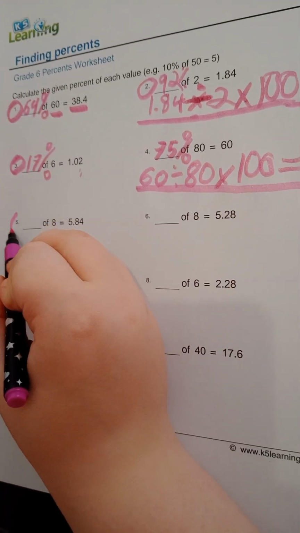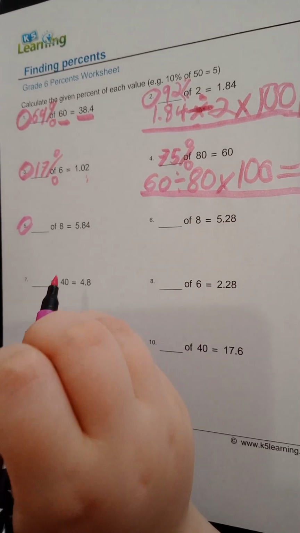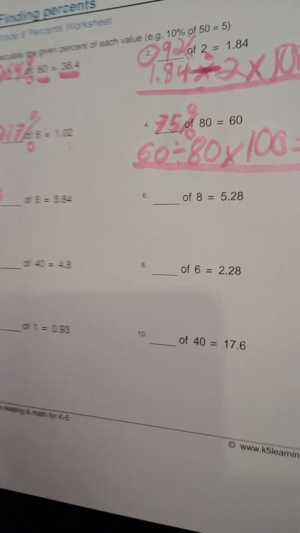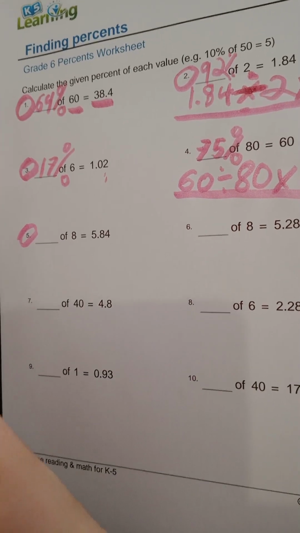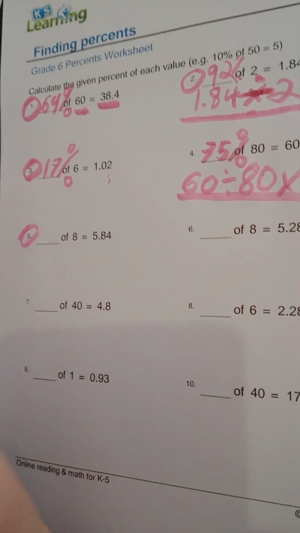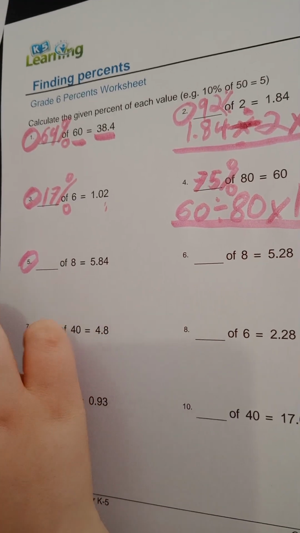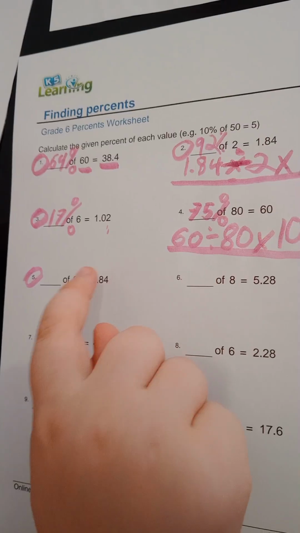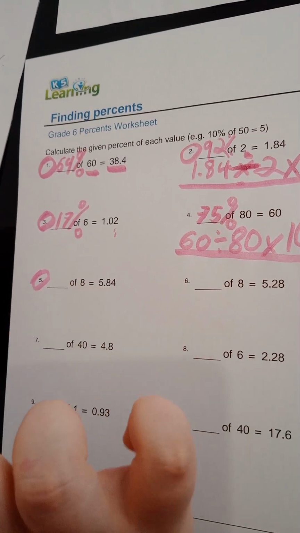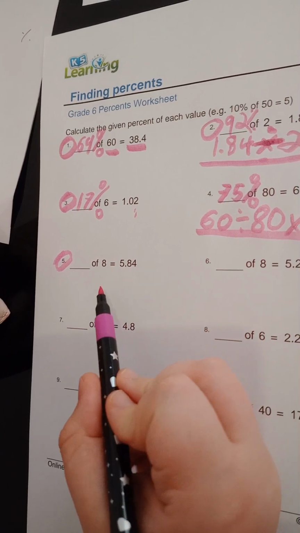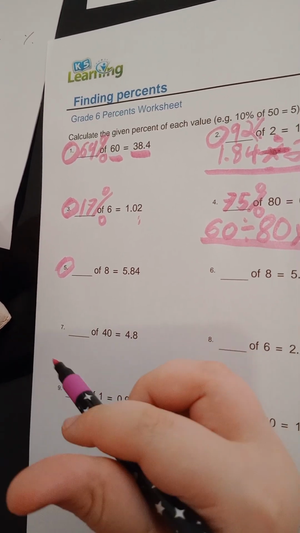Now question 5. 5.84. I think you'll understand this by now, that you divide the answer by the whole, well, by the only other printed out number if you have it on a printout.